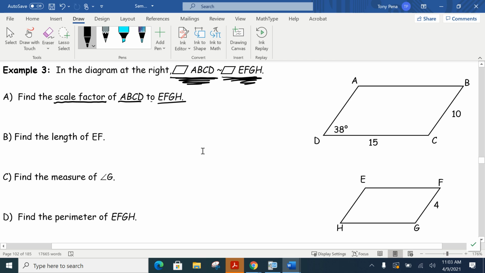All right, all we're looking for is what's the ratio from the big one to the small one. So in order for us to do that, we want matching.